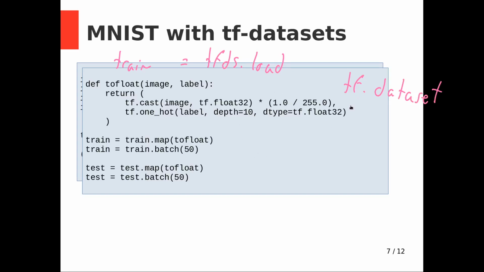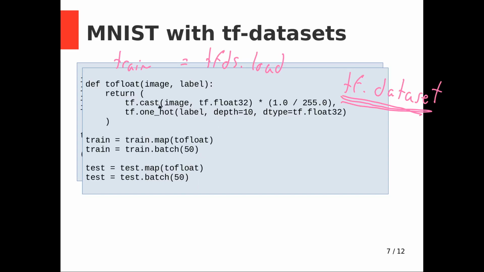TensorFlow has a very deep, rich model for these things. Datasets have a whole lot of complexity that we really don't want to get into right now, so for now, we're going to treat it as a magic box that we can call a couple of operations on and be done with.